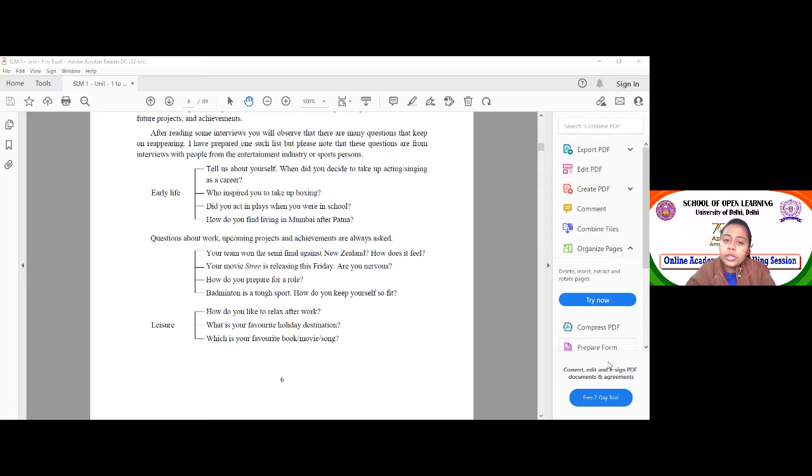What interested you? Did you act in school? Was it something you took up from childhood? And then you ask, how did you find living in Mumbai after Patna? Even though this is a very personal question, which I think you shouldn't be asking immediately. You can ask it later if it comes up, but it's a very personal question.